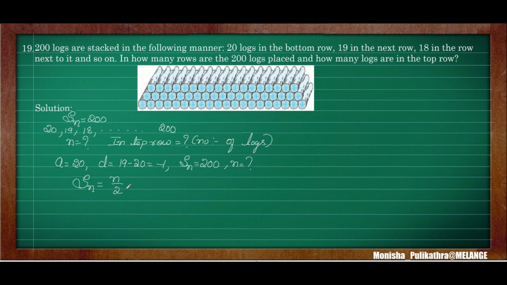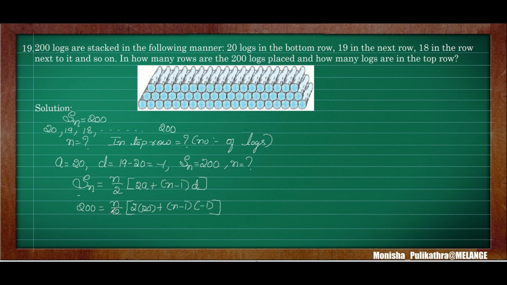Sn is equal to N by 2 into 2A plus N minus 1 into D. Here Sn is 200. So 200 is equal to N by 2 into 2 into A, A is 20, plus N minus 1 into D, D is minus 1.